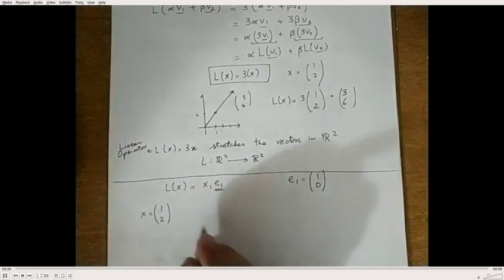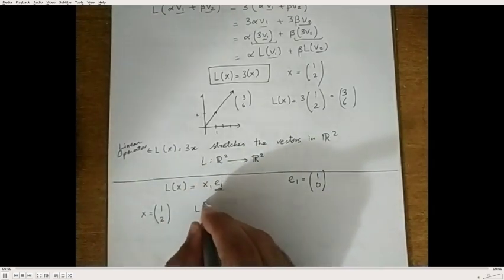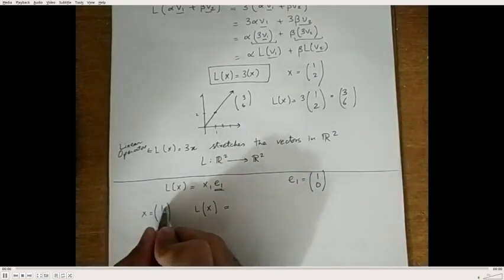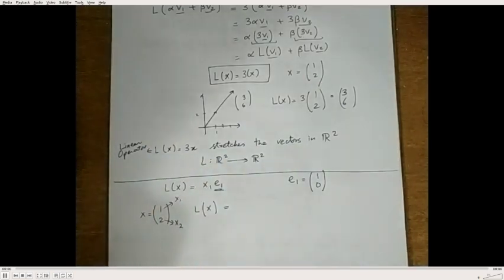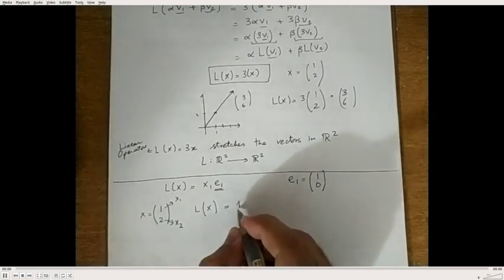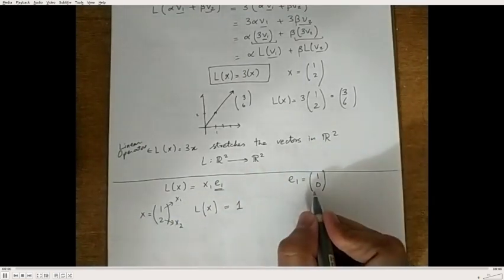Let's take an example. If x equals (1, 2), where this is x1 and this is x2, then all L of x will do is take the first element and multiply it with the standard vector (1, 0).